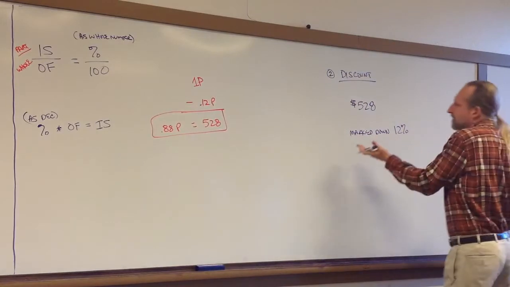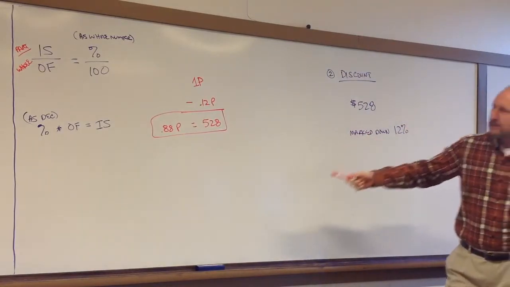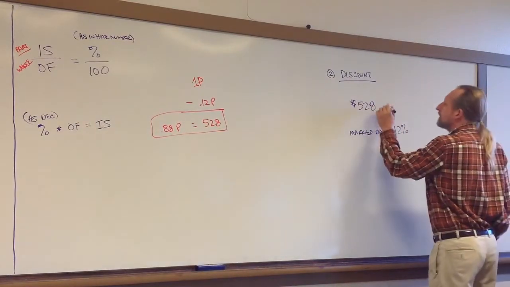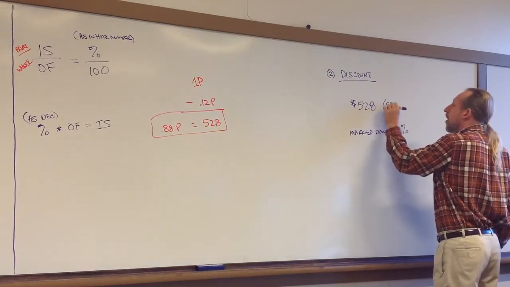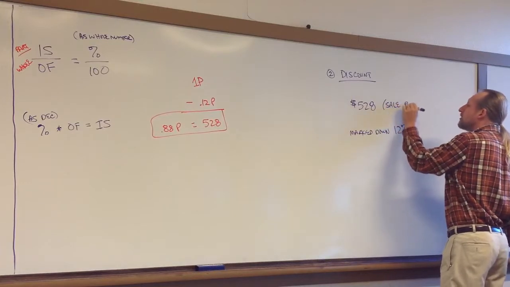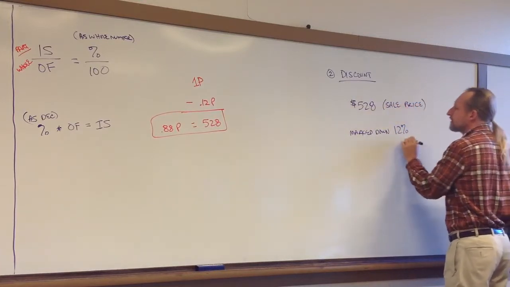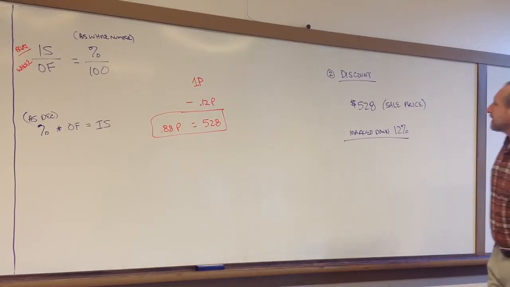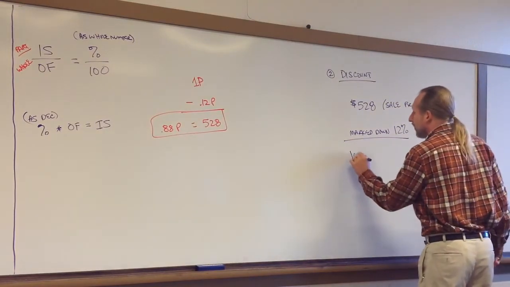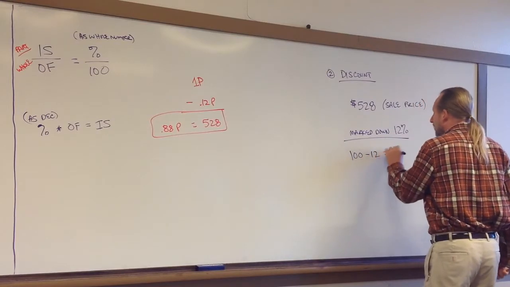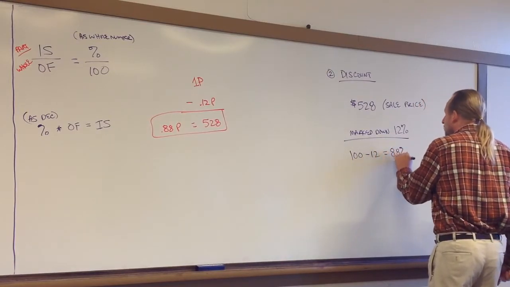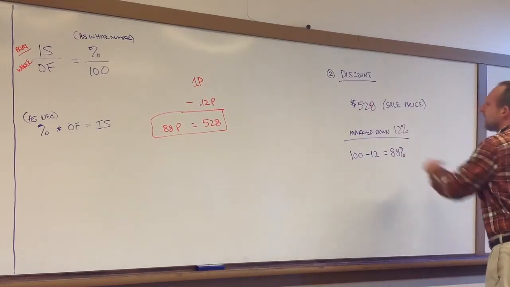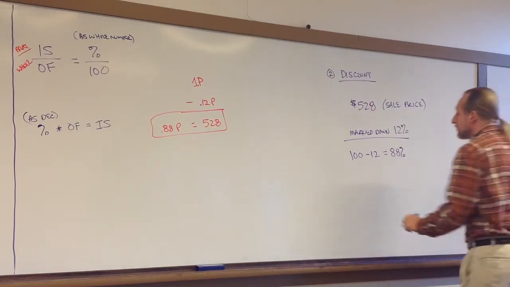What I'm about to say now is this, just in different terms, right? So if you're working with a discount problem and you're given the sale price and the percent that it was marked down, the way to do this is to do 100 minus 12 is 88%, and then know that $528 is 88% of the original price.